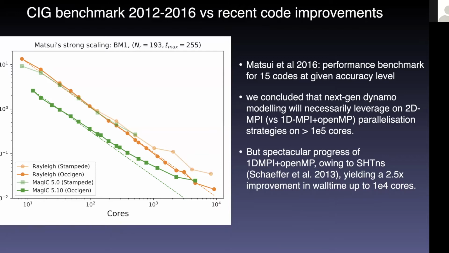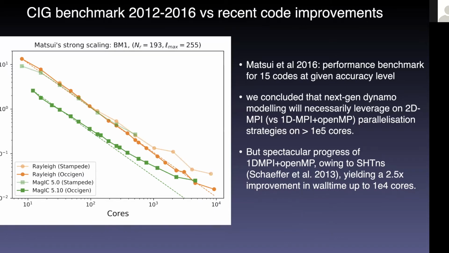The Stampede lines were those of the benchmark in 2016. And Thomas recently recomputed this case of the benchmark with new versions of Relay and MAGIC.